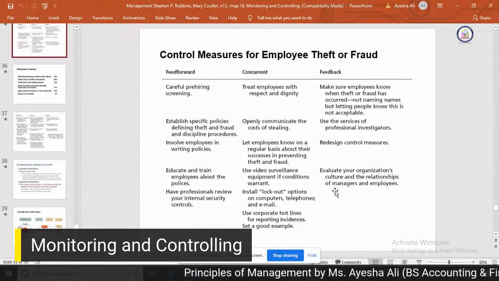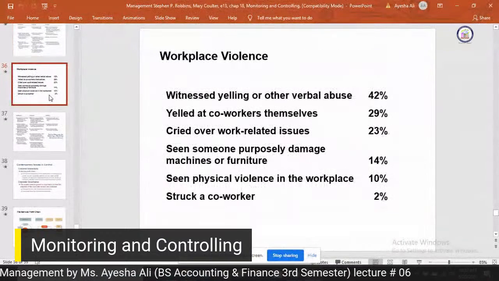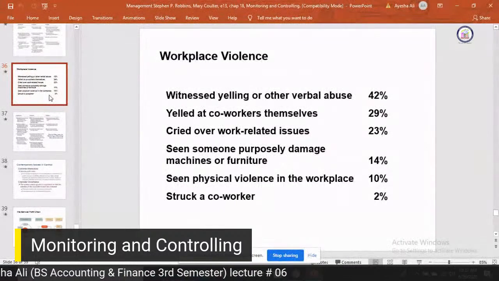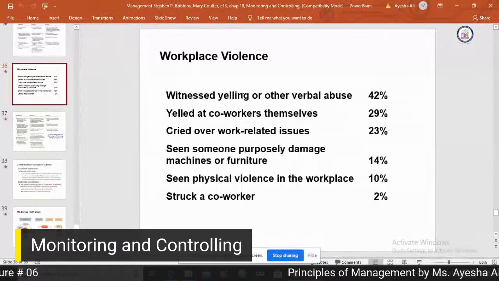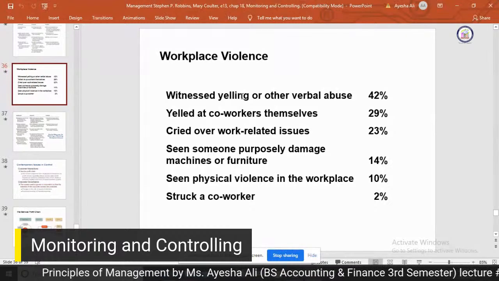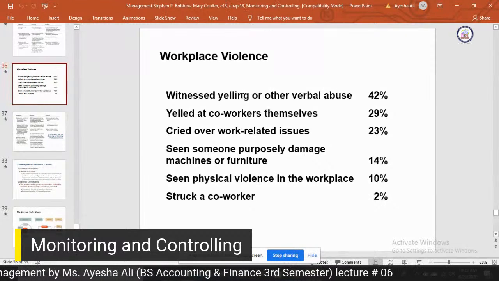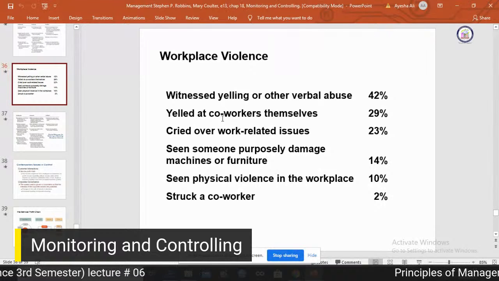So then we have some percentages of violence in the organization. So 42% reported verbal abuse or yelling, and 29% yelled at coworkers themselves.